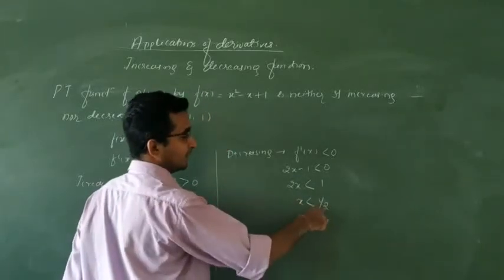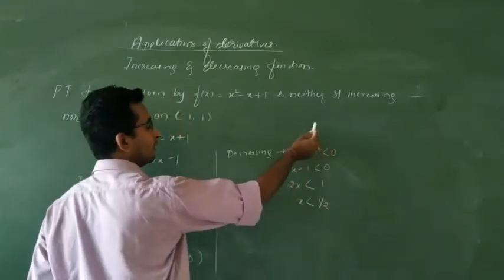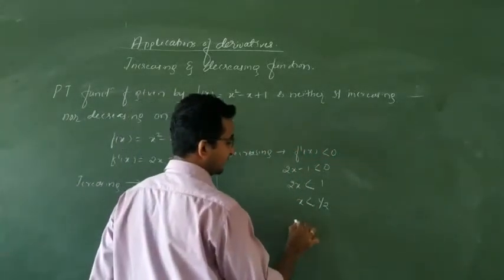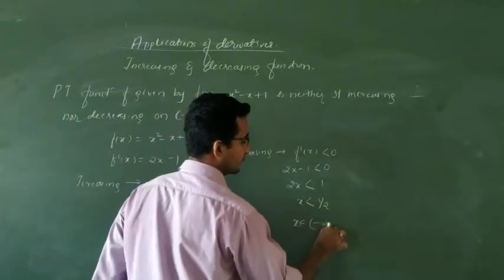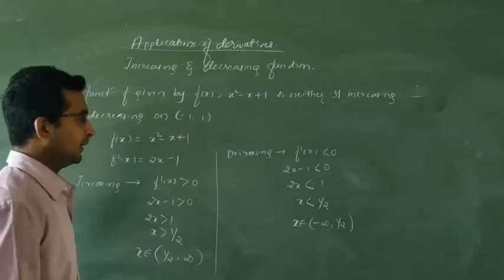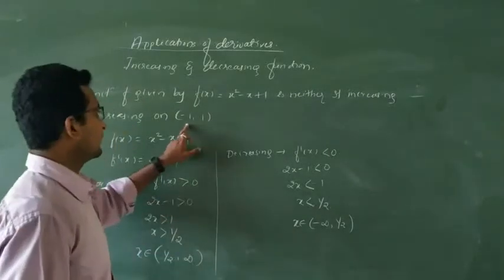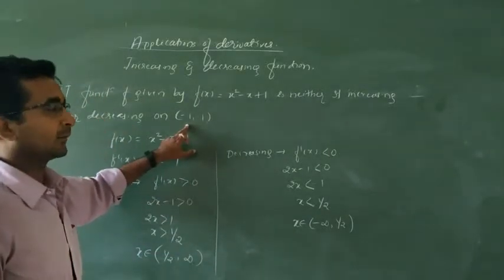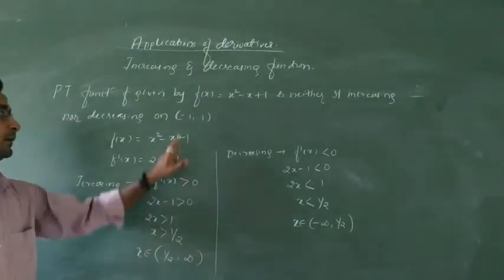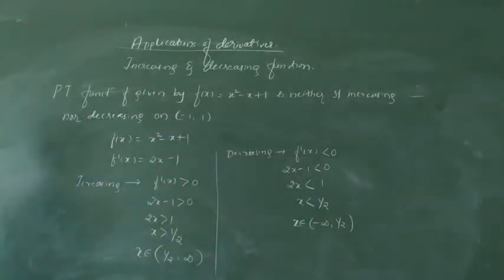So x is decreasing from 1 by 2, going towards the negative side up to minus infinity. It means x belongs to minus infinity comma 1 by 2. Again it is not decreasing in the interval minus 1 comma 1. Now we can say that the function is neither decreasing nor increasing in the interval minus 1 comma 1. Okay. So we have proved the second example.